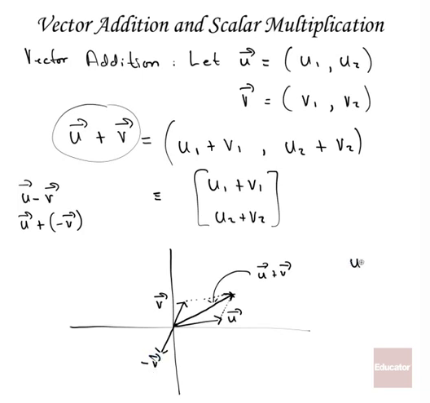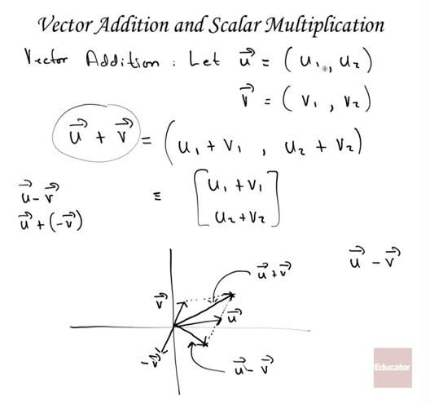So now when we do u minus v, that means do u first, and then go v distance in the opposite direction. So we do u first, and then v goes this way, so negative v is this way. We go down that way, and we end here. That vector is u minus v.